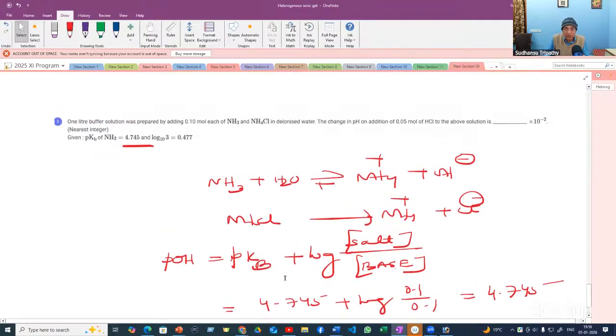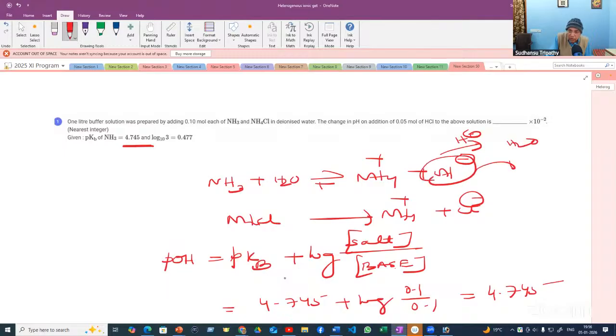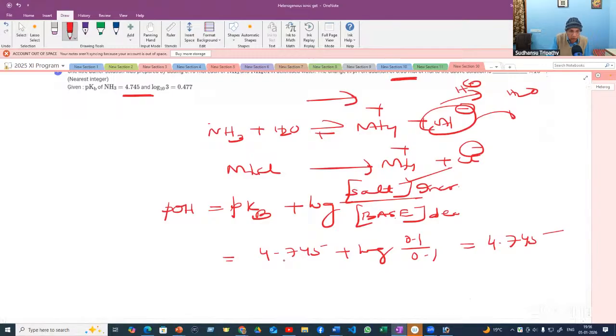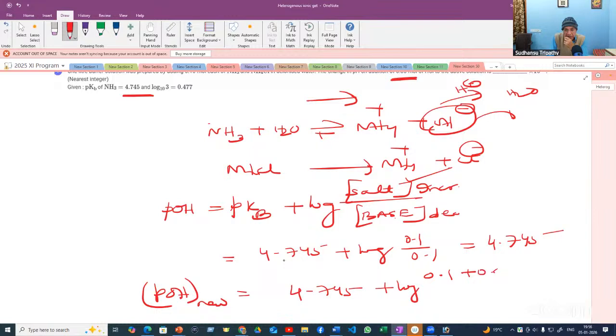But if you add H plus ion, which will eat away the base forming water, equilibrium will be driven to the right. Salt concentration will increase and the base concentration will decrease. The same amount, 0.05, will be added to 0.1 in the numerator and subtracted in the denominator. So the new pOH after adding HCl is 4.745 plus log of (0.1 plus 0.05) by (0.1 minus 0.05).